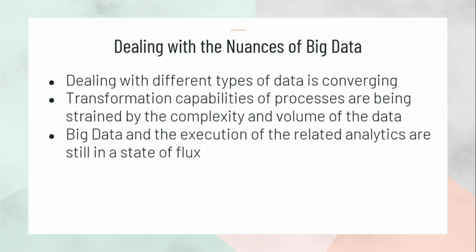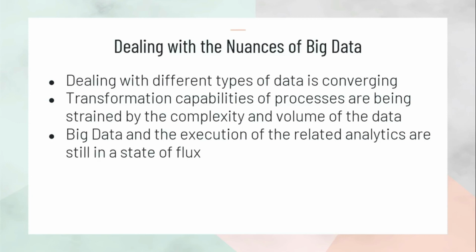Dealing with the nuances of big data. Dealing with different types of data is converging. Transformation capabilities of processes are being strained by the complexity and volume of the data. Big data and the execution of the related analytics are still in a state of flux.